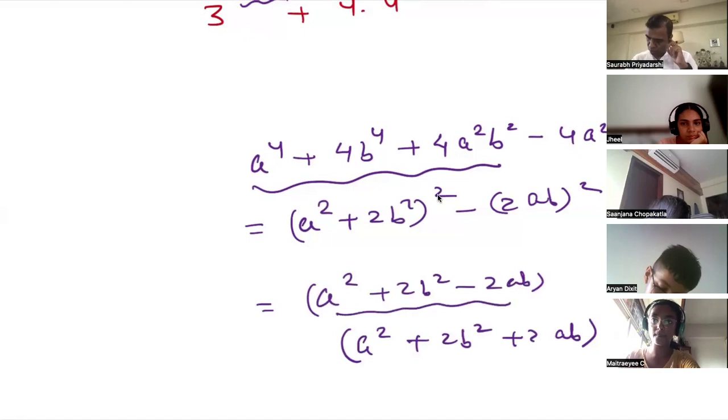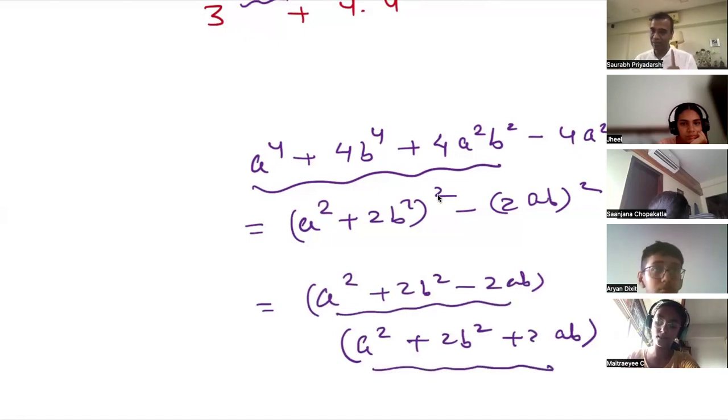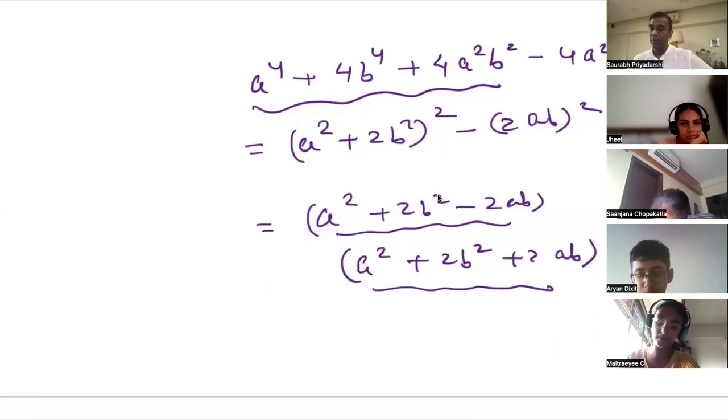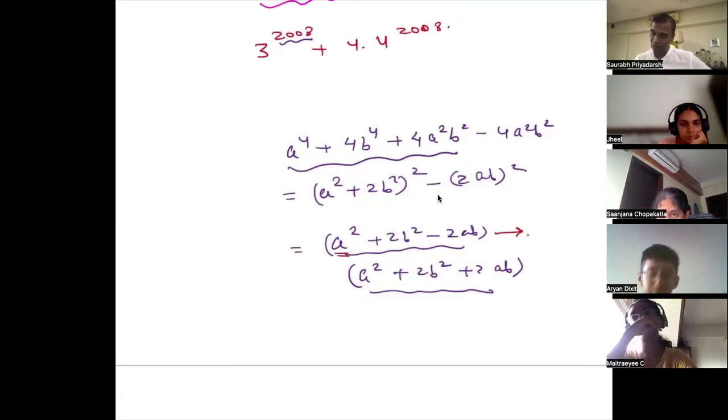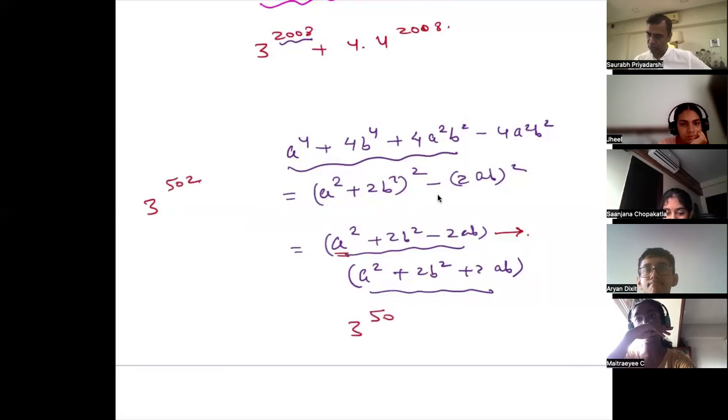So these two are the product of two numbers, but careful, maybe the lowest integer is coming as 1 or minus 1. That we have to check. If this number a, I'm writing a to the power 4, means this is 3 to the power 502, so 3 to the power 1004 plus 2 into 4 to the power 1004 minus 2ab.